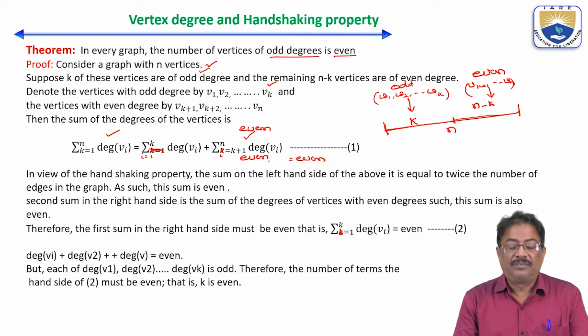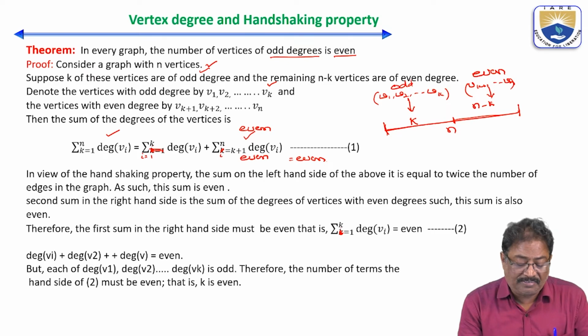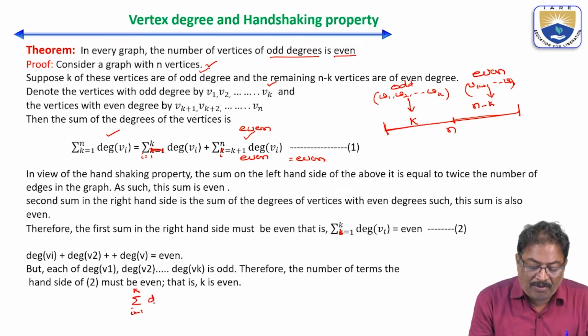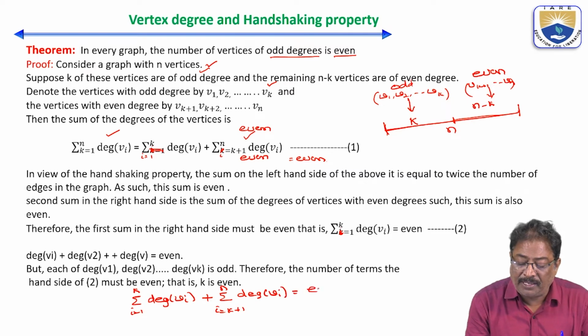So finally, the summation of i equals 1 to k of degree of Vi, which is the odd degree vertices, plus the summation of i equals k plus 1 to n of degree of Vi, equals, by the handshaking property, 2 times the number of edges, which is an even number.